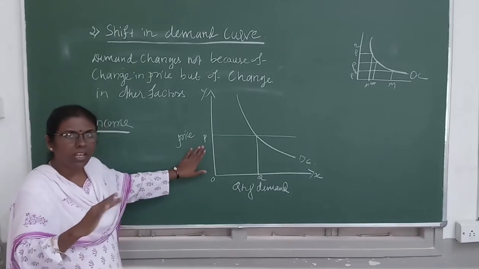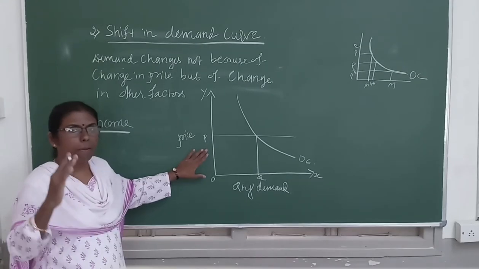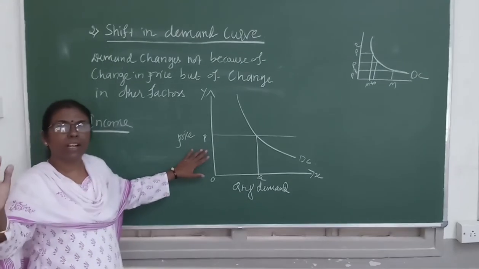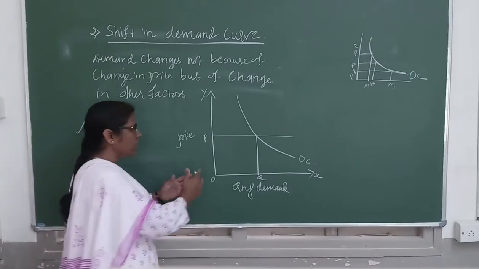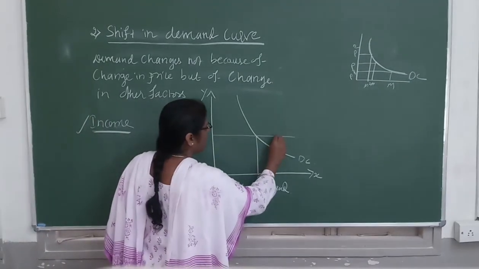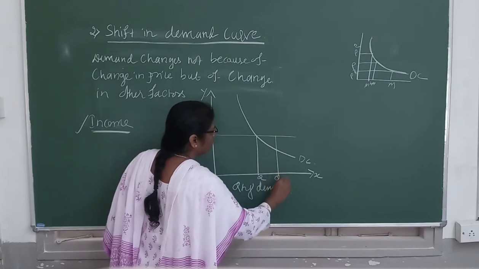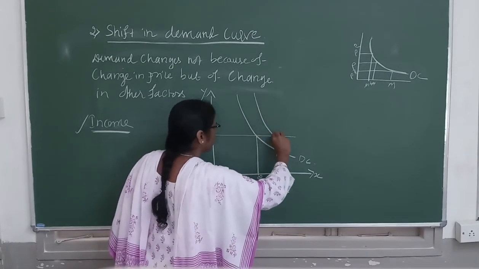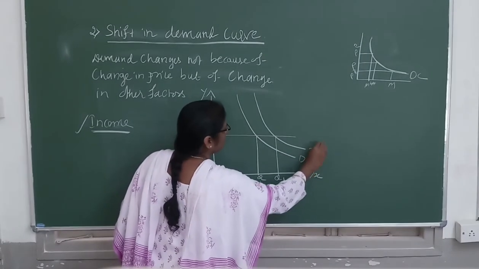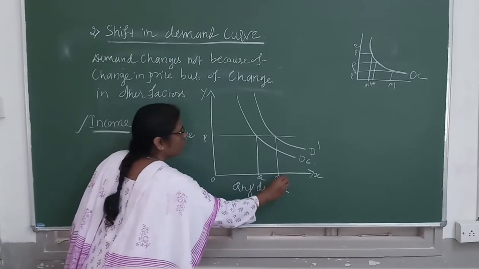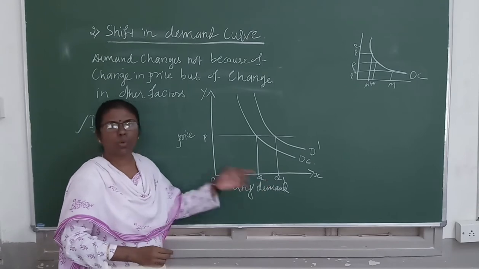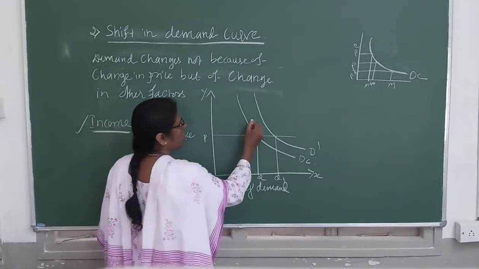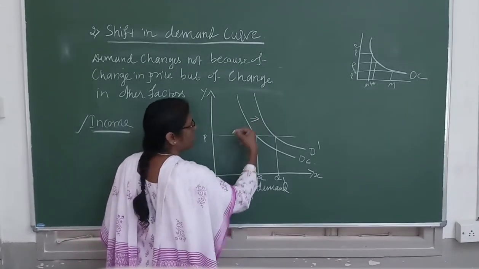Price of the commodity remains the same, but another factor, income, increases. Automatically what happens when income increases? We demand more. Check here. So demand increases from Q to Q1. So this is what we call a shift towards right.